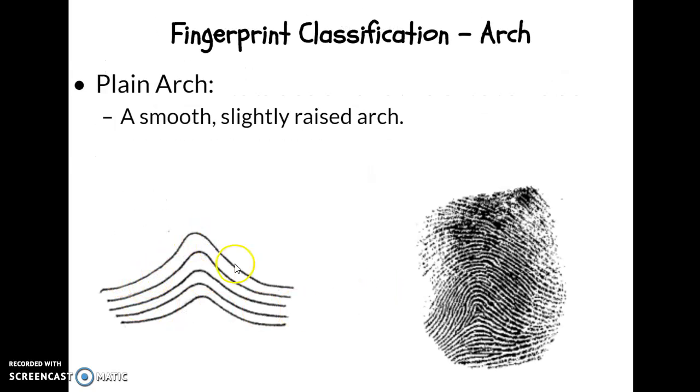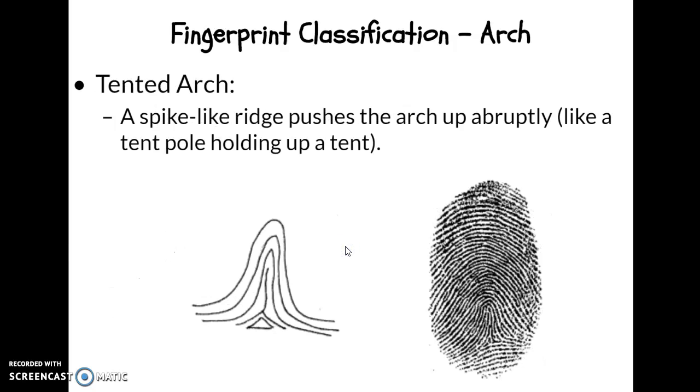A plain arch is smooth and looks like a little wave. The tented arch has a little triangular part and some spiking that happens. It looks like a tent pole is shoved in the middle of your tent, and your tent is not up correctly.